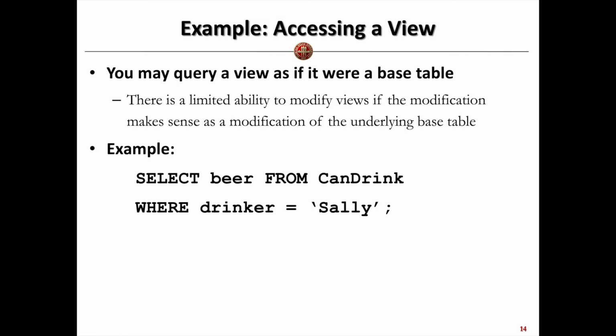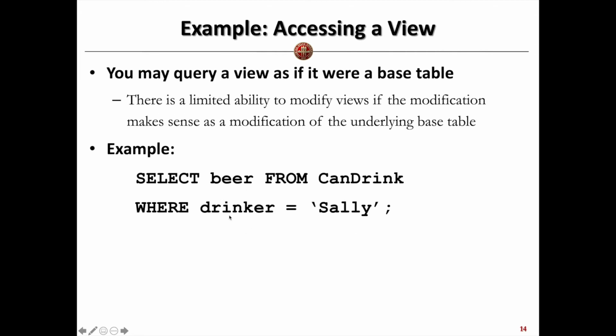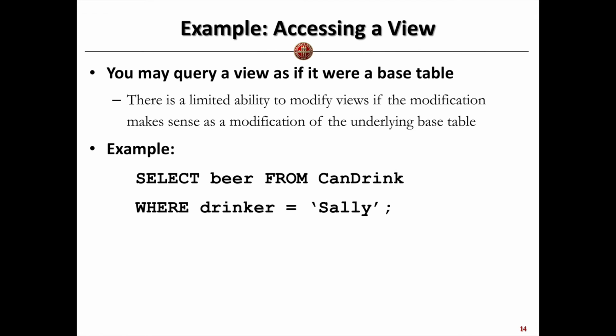However, when the system sees this CanDrink, it will automatically replace it with a subquery. Inside the subquery, we have this query as shown here. In other words, every operation we use here is still based on the base tables, Frequents and Sells. CanDrink is like a virtual table, and we can use it in this way.